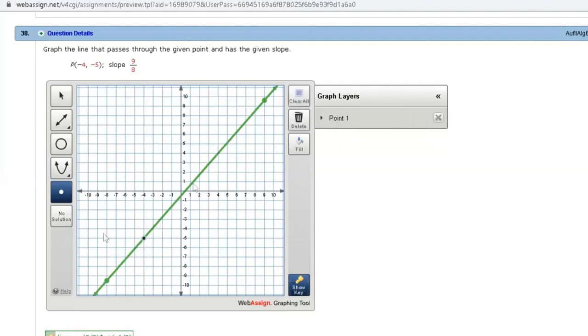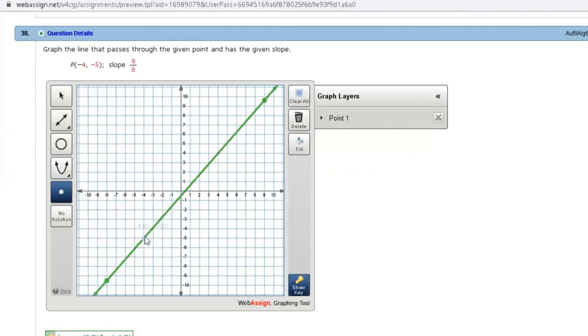And on your graph, of course, your graph will be blank. So this has the key on it. So don't think on your graph it's going to already have a green line on there. So now that we have plotted that point, now we do our slope from that point.